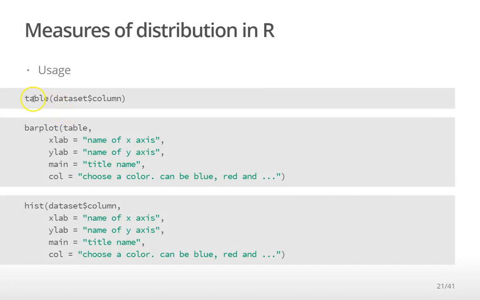Table takes one argument, and that's the specific column from the data set that we want to work with. The arguments taken by barplot are a bit more complicated, and the point is, it's not going to get a column from a data set.